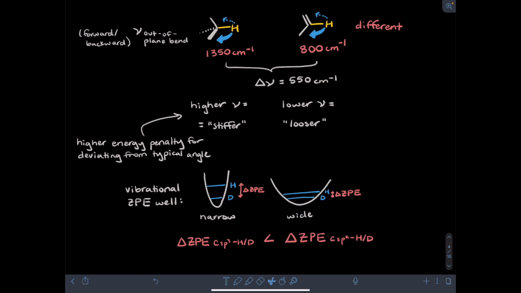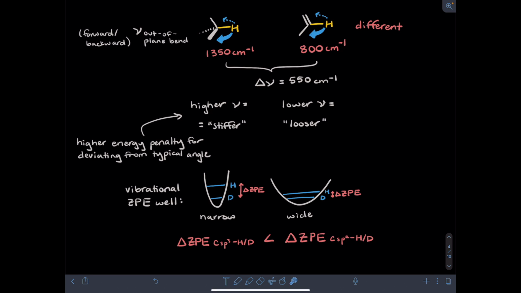What it means for a vibration to be stiffer and have a narrower energy well is that there's a higher energy penalty from deviating from the ideal angles. You can see this by thinking about the geometries for sp3 versus sp2 carbons. As you take the CH bond and bend it out of the plane of the page, it gets very close to either the wedge or the dash groups also attached to the sp3 hybridized carbon.